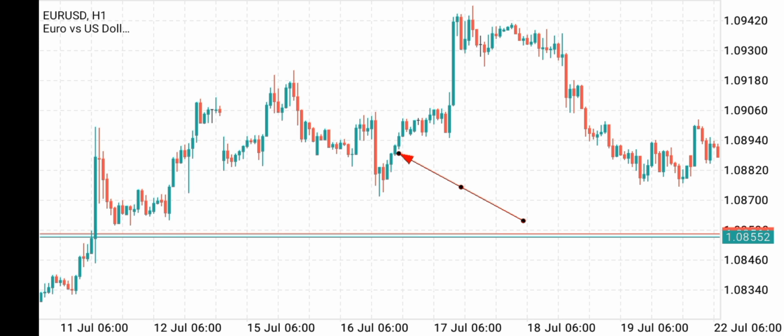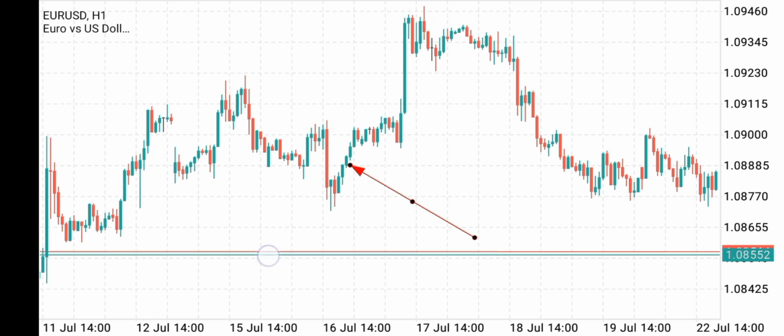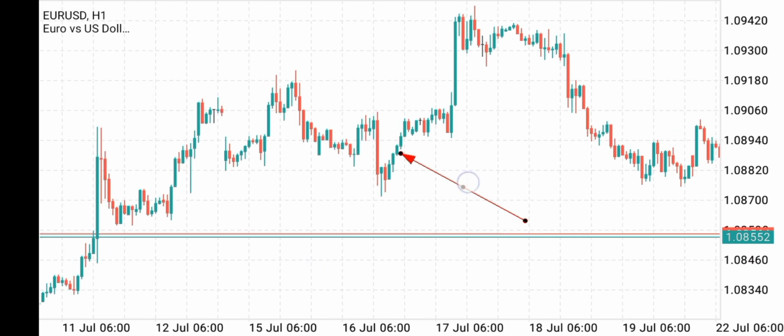If a trader has a firm understanding of what a candlestick means, it can help the trader to know when to buy or when to sell. That is why every trader should understand what candlesticks are.